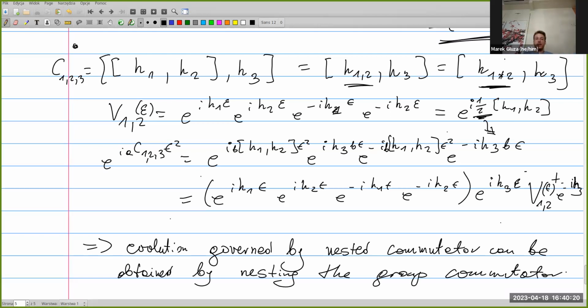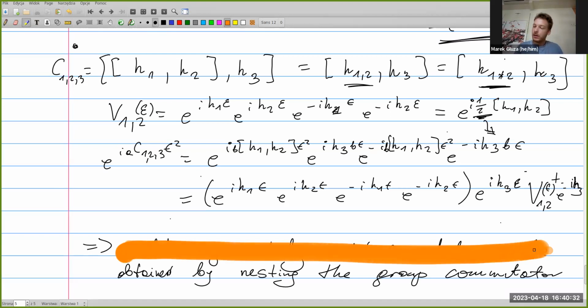Okay, and with this we are more or less done, because that's what I wanted to say. We want to have evolutions governed by nested commutators.